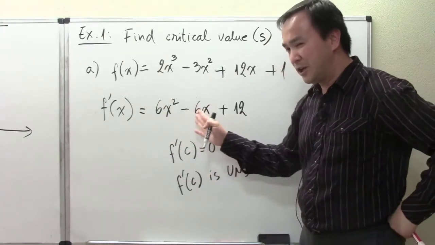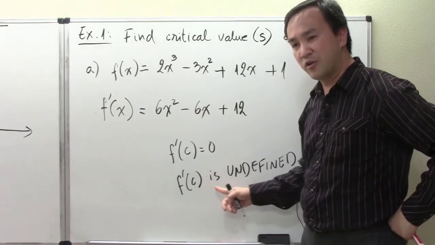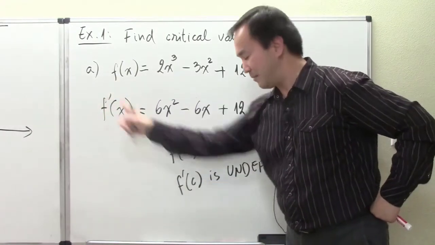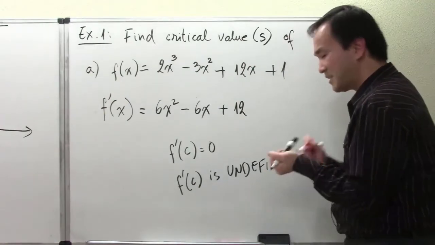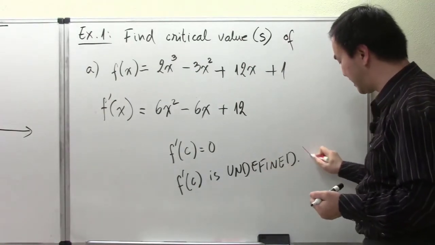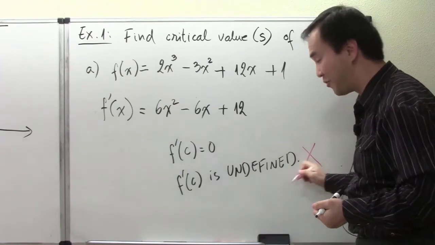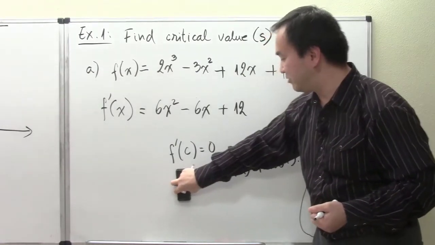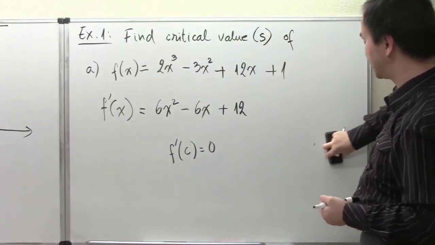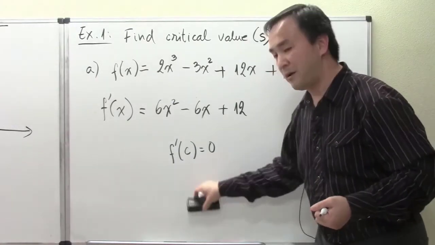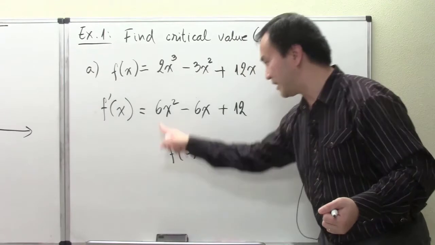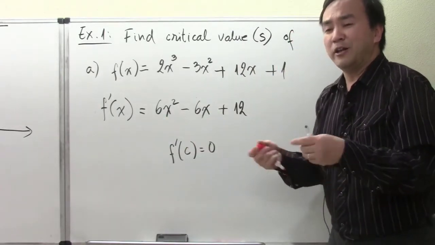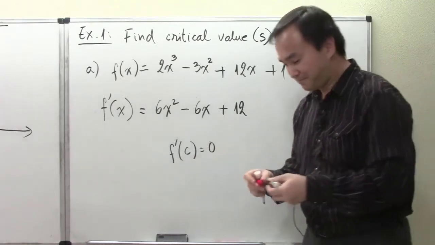For any polynomial, there is no such thing as a value that makes the polynomial undefined, so I'm not going to have to worry. That's my argument right there. I can already rule out the scenario where our derivative is undefined, because a polynomial is defined everywhere.